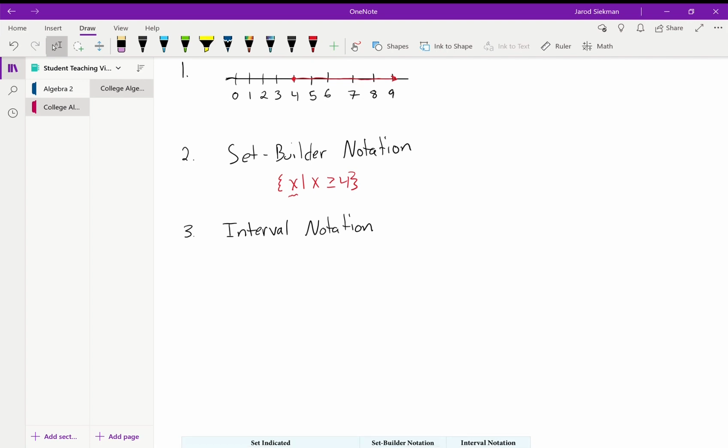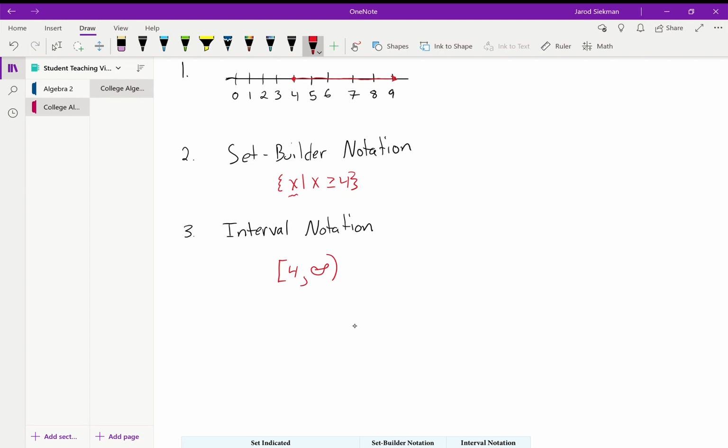The one we're going to focus on is called interval notation. This is the one we're going to use the majority of the time. It's going to be important, and we say 4 to infinity, and notice how I used a bracket before the 4 and a parenthesis after the infinity.